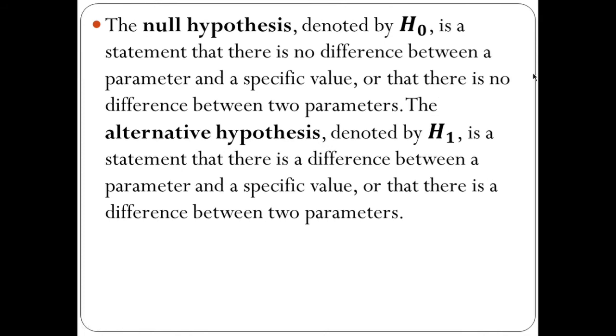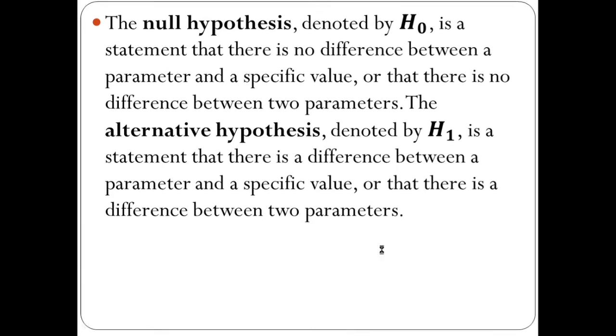Okay, so wherein the alternative hypothesis denoted by H sub 1 is a statement that there is a difference between a parameter and a specific value. Okay, so when we say null, there is no difference, and when we say alternative, there is a difference between a parameter and a specific value, or that there is a difference between two parameters.